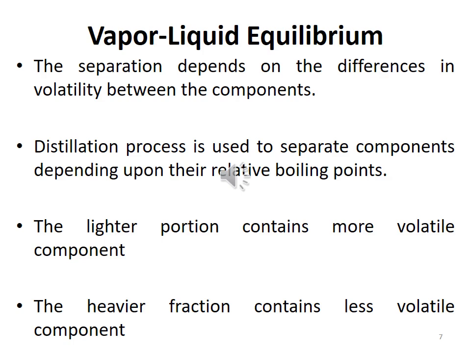The lighter portion, meaning the components that are more volatile and have a low boiling point, is in greater purity and will be collected in the top product stream, while the heavier fraction will contain the less volatile components with a high boiling point. Those compounds will be collected in the bottom product stream.